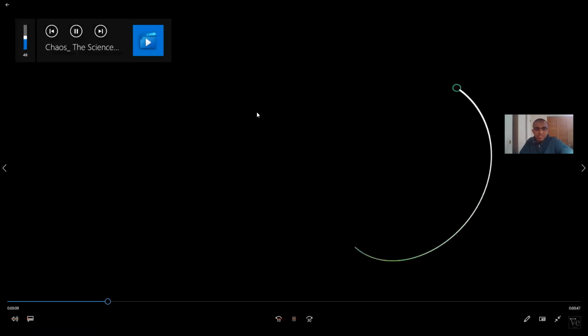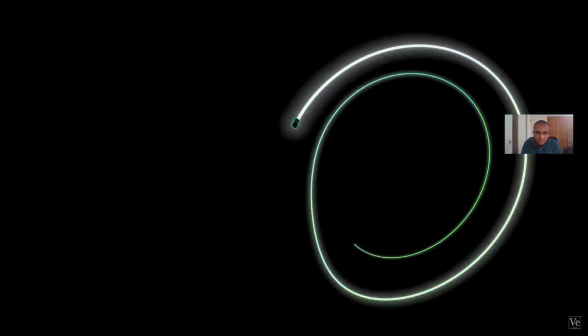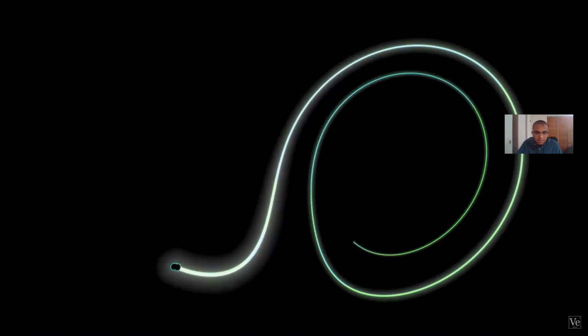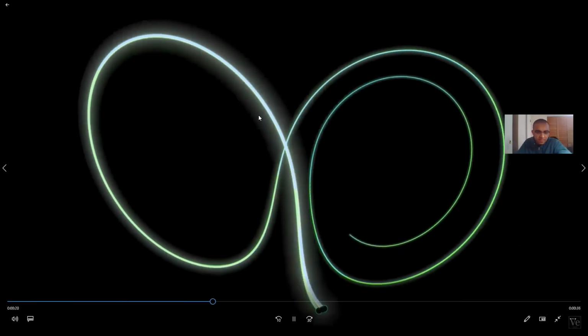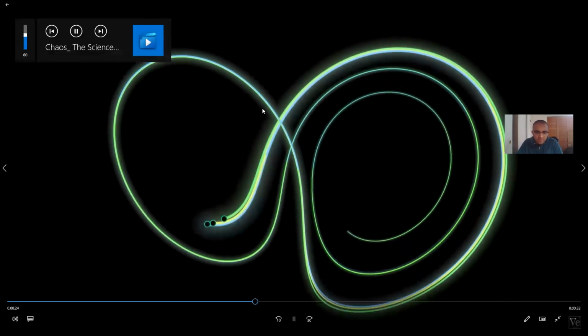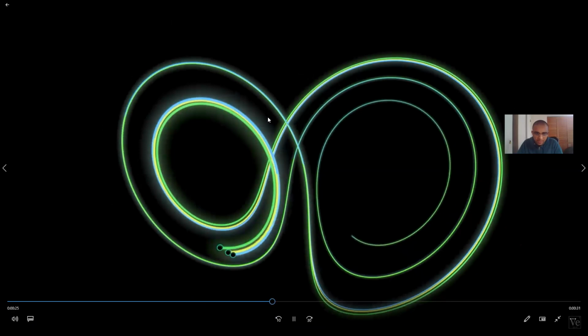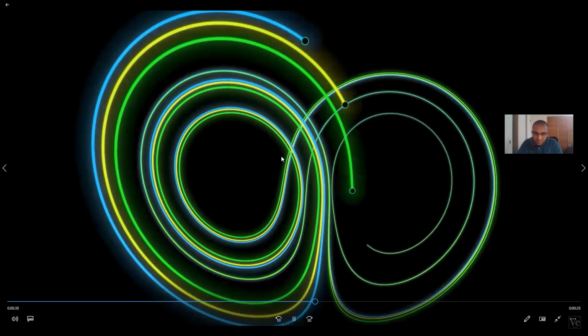So here we have an animation. Here, I actually started with 3 closely spaced initial states. So here the conditions are diverging. So far, but now they're starting to diverge.